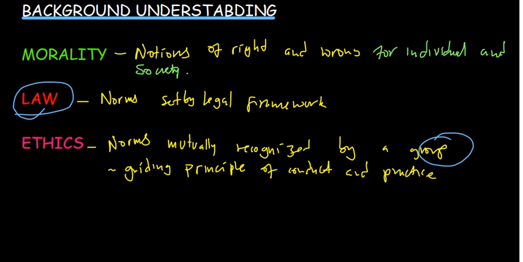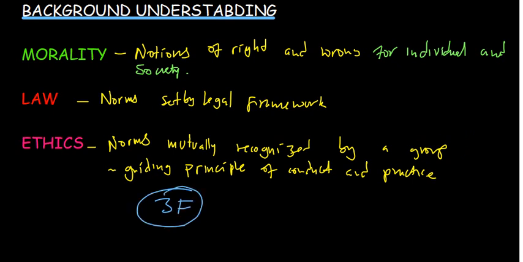For example, at the University of Zambia, they might set up the three F's. Of course you have the law, and the law is on its own, but one of the things that you need to take note of is: don't fail, don't fish, and don't fight. Those can be university ethics. You don't do those things.